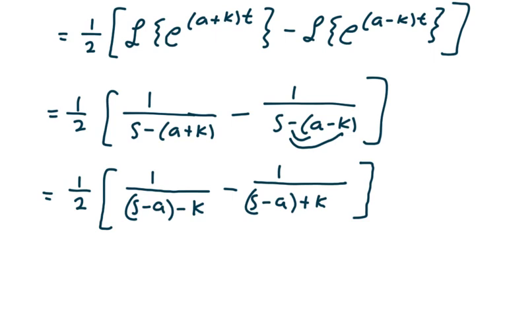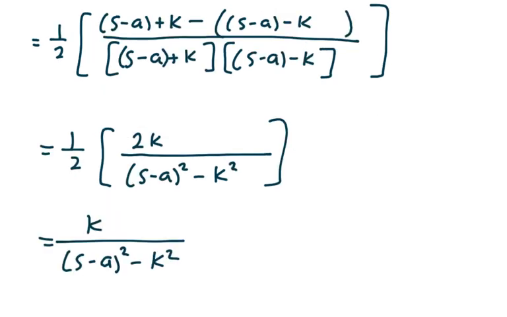Now from this third line, we're just going to do a little bit of algebra. So this is 1/2 of (s minus a plus k) minus (s minus a minus k), all divided by (s minus a plus k) times (s minus a minus k). When we simplify the numerator, we get 2k, and in the denominator it's a difference of squares, so we get (s minus a) squared minus k squared.